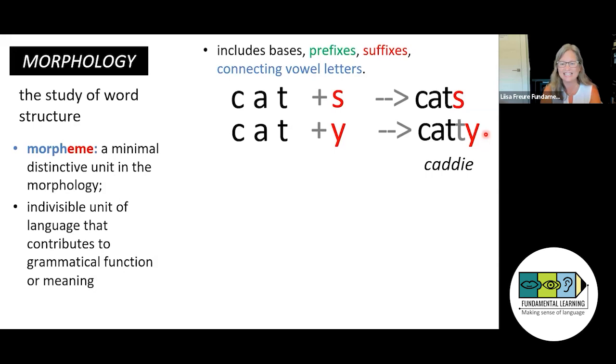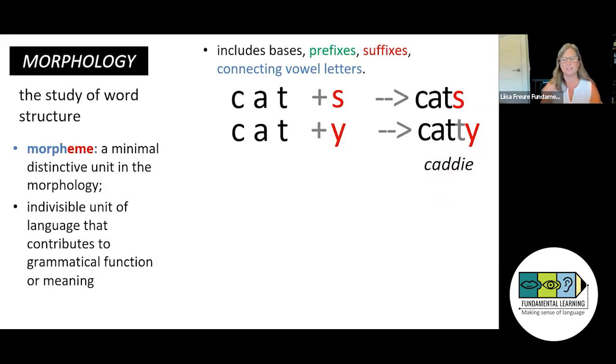Now see these two words, catty, caddy. Are you saying catty, caddy? Are you doing a T in there? Is anybody saying catty? So if these are homophones, that tells us that we're pronouncing the T's and the D's the same, aren't we?